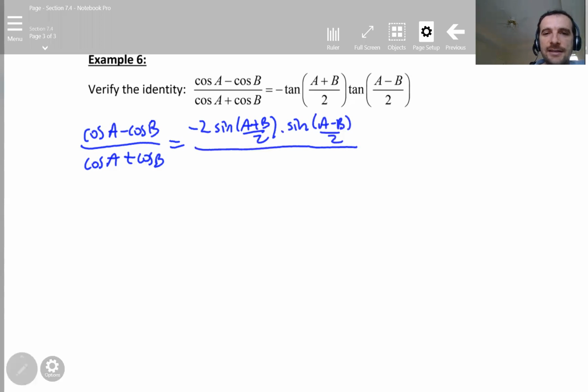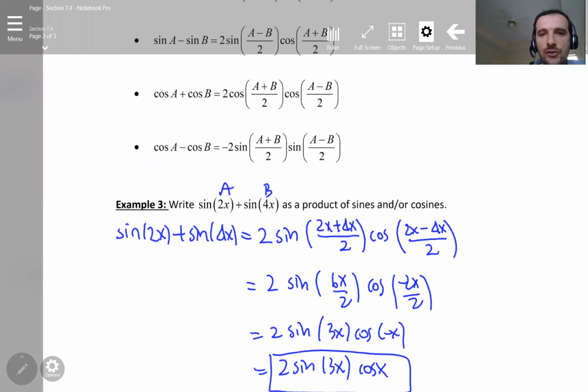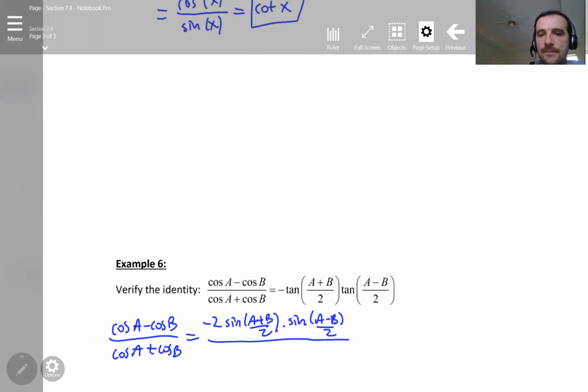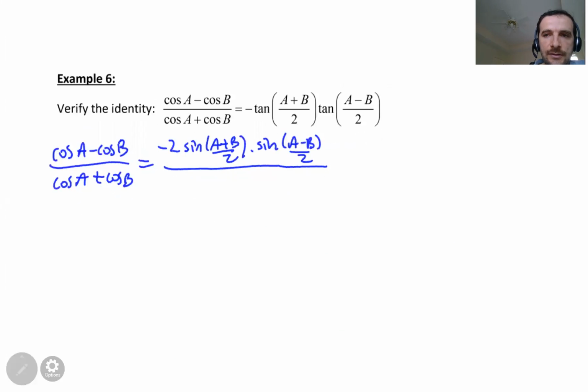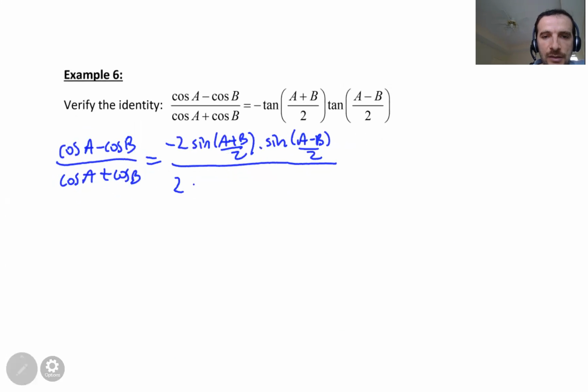Let's go back. It is 2 cosine (a plus b) over 2 cosine (a minus b) over 2, right? Okay, let's come back. It's here. So it's all cosine: 2 times cosine of (a plus b) over 2 times cosine of (a minus b) over 2. I can simplify those twos.